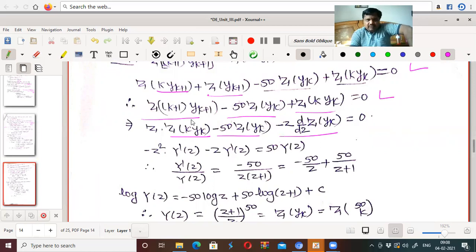Now why can this be written so? See here, we have one formula. Which formula do we have? Z transform of k into yk.